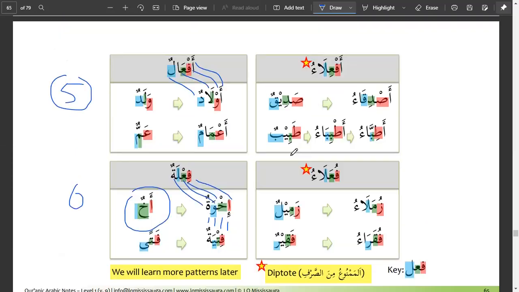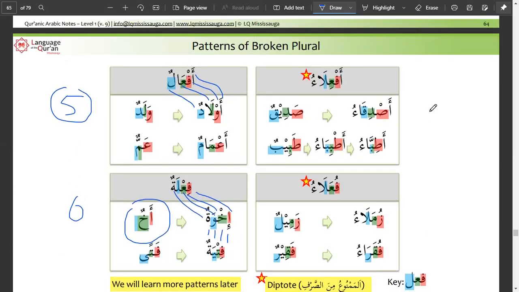Okay, now we go to number 7. They are mamnu min as-sarf. Af'ila'u. You see here, this hamza has a star, and this hamza doesn't have tanween.